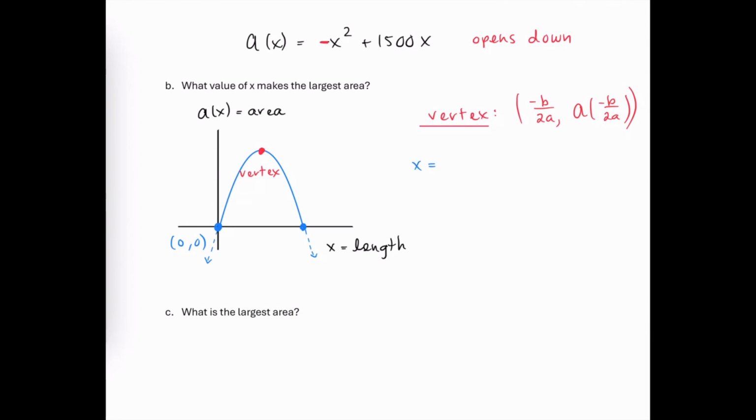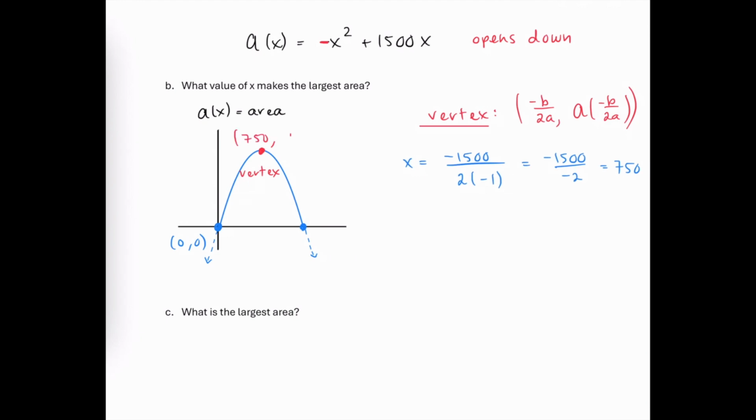So the x-coordinate of the vertex is going to be the opposite of b, and since b is 1,500, we have the opposite of 1,500 divided by 2 times a, and in this case a is negative 1. So this is negative 1,500 divided by negative 2, or positive 750. So the x value of the vertex is 750.